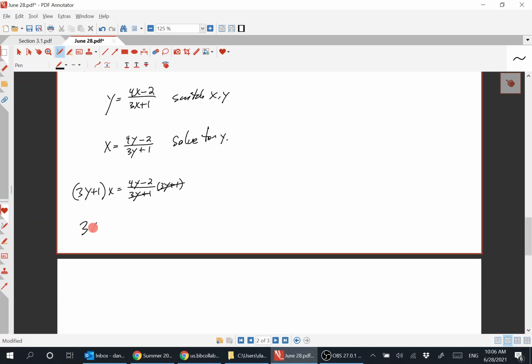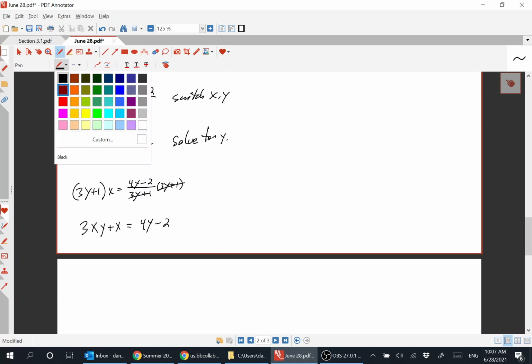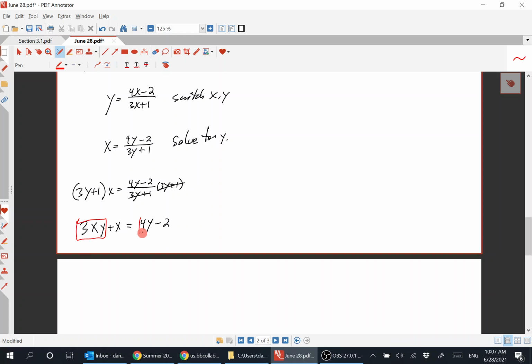Multiply through: 3xy plus x equals 4y minus 2. So now you have some terms that have y and some terms that don't. Push all the terms with y to one side and all the terms without y to the other side.